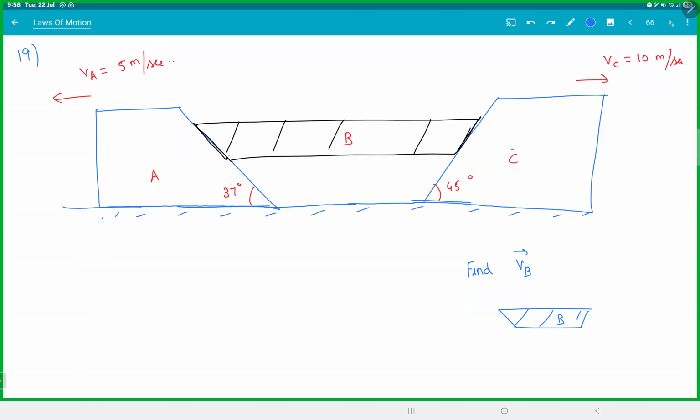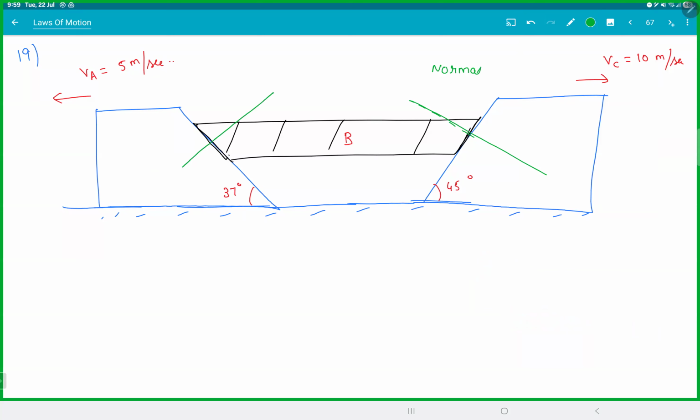Let's see. This is a little lengthy. So there are two normals here. So this is one normal. So you want velocities in this direction to be same.